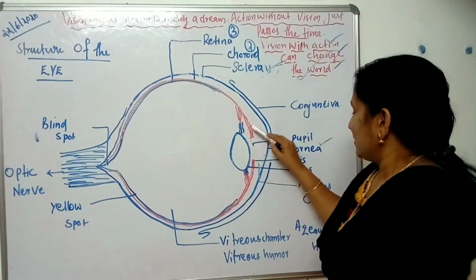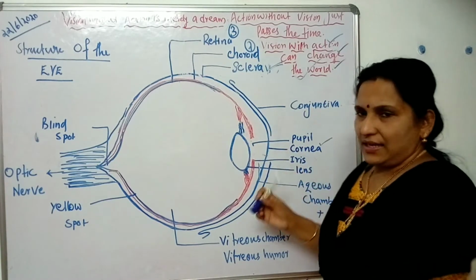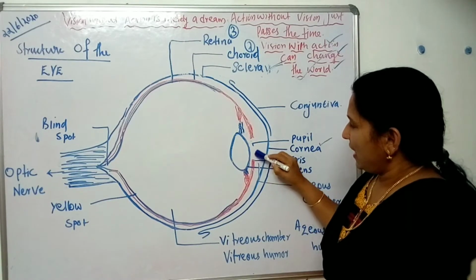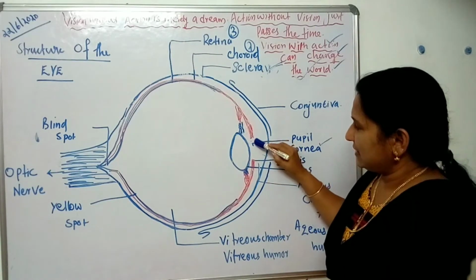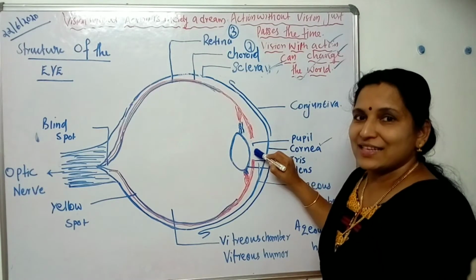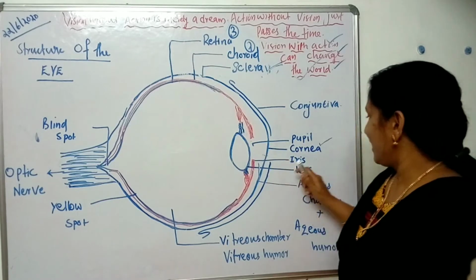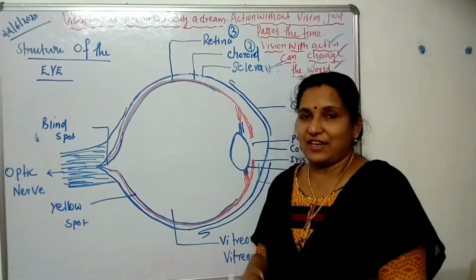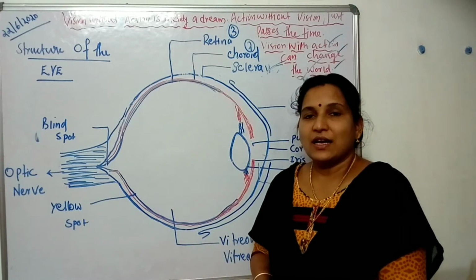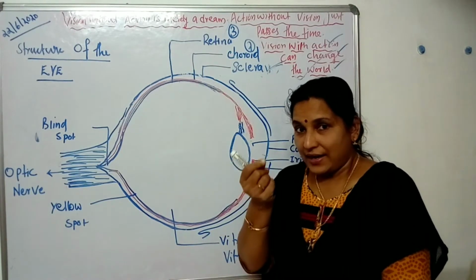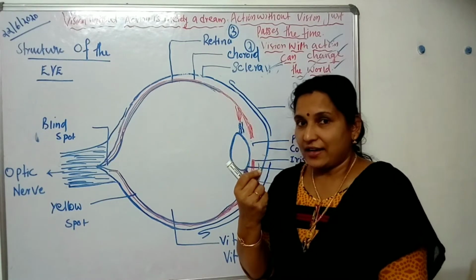While talking about this iris, you can see there is a small aperture. Aperture means an opening. You can see that discontinuity here. That opening, that aperture, is known as the pupil. We can see it in our eye when we look through the mirror. That aperture we can see behind the cornea in the iris.